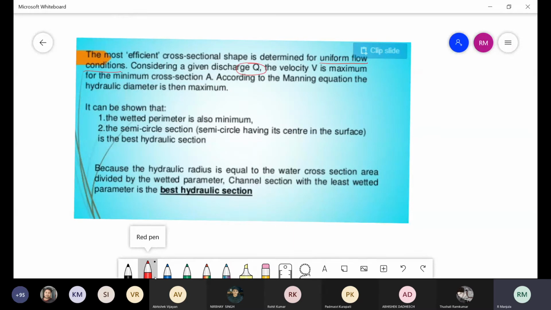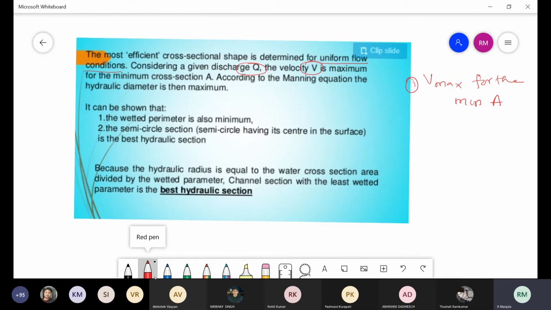Considering the given discharge, the velocity V should be maximum. What should be the condition? Minimum cross-sectional area. So the velocity should be maximum for a minimum cross-sectional area.